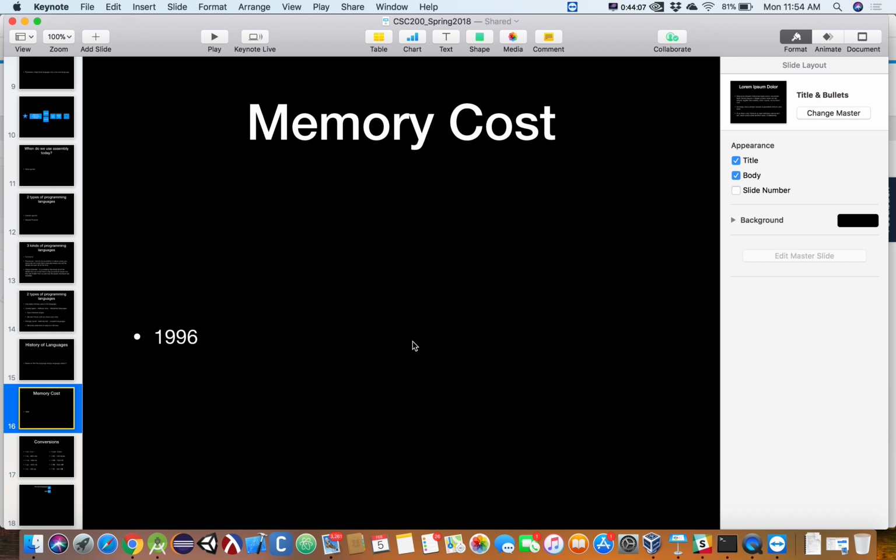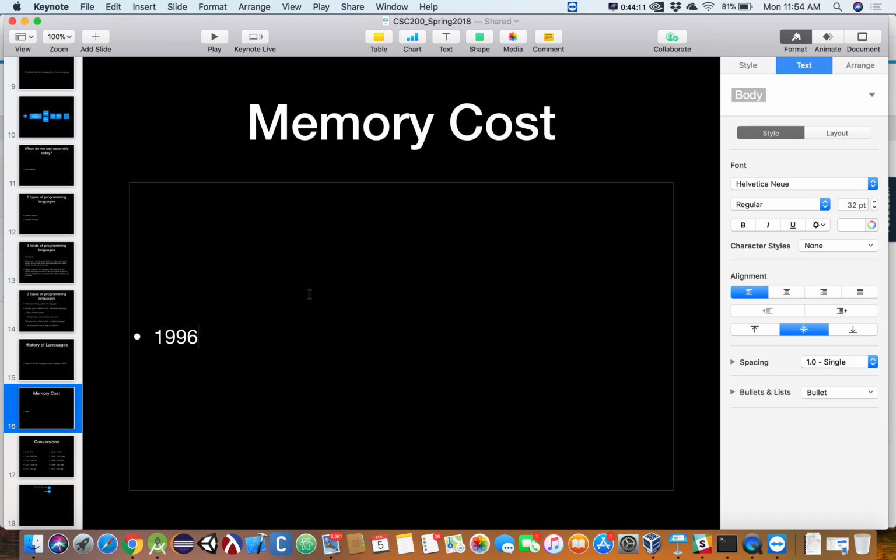All right, so when we talk about memory cost here, and I'll spin back around on this next time, in 1996, I bought an 8 megabyte RAM chip. Now today, so we'll say 2018, if you buy a 4 gigabyte RAM chip, how much would that cost? $30?